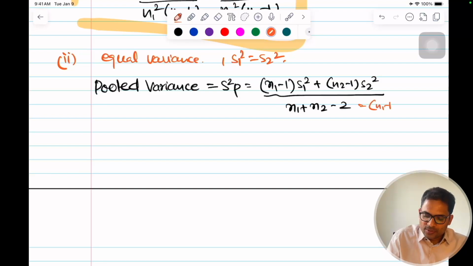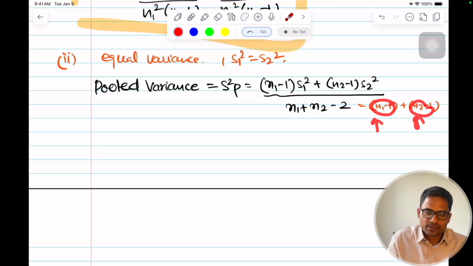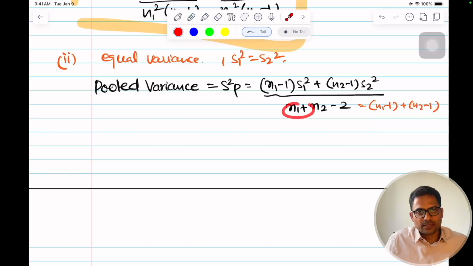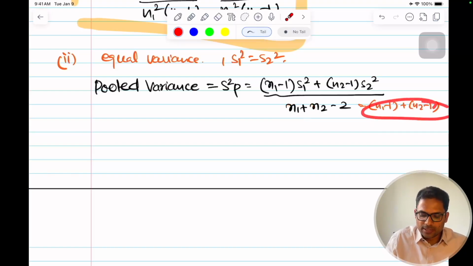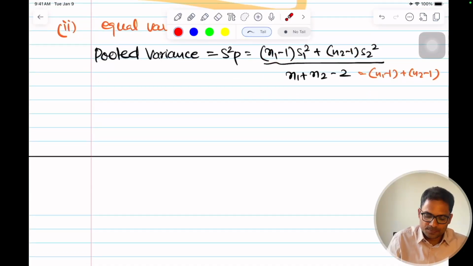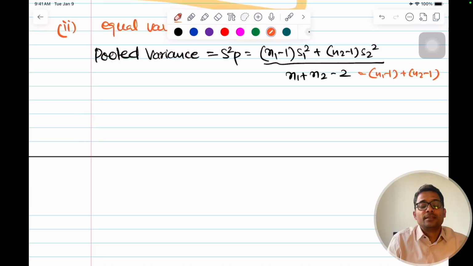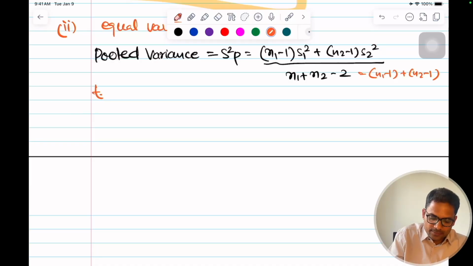This is nothing but the sum of the two degrees of freedom for both the samples. Both have equal variance, so we can just add them up. Here also these are the degrees of freedom which are multiplied, and this is like a summation. So we have a pooled variance now, and this will be included in our test statistic. So what will be our test statistic?